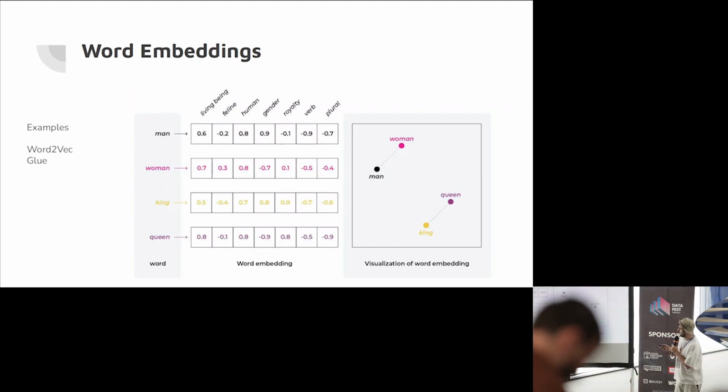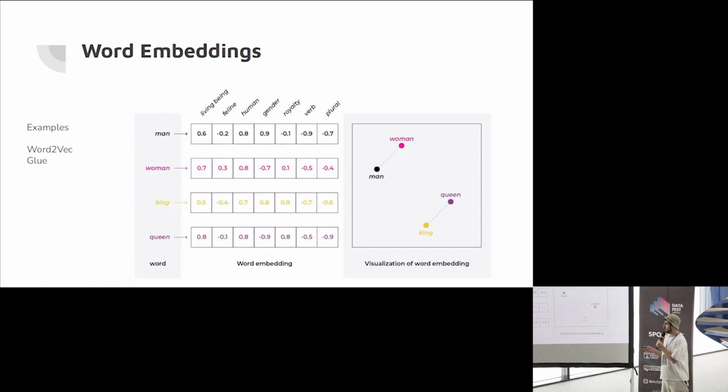But the issue here is that there are a lot of words that can mean multiple things in different contexts, so just the word embeddings and the word representation will not catch that. One of the examples is the word left, which can mean the side left and also the leaf. If we just use the word embedding for that word, we will get the same representation, but it will mean a different thing.